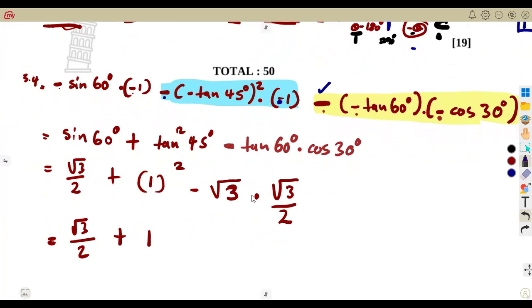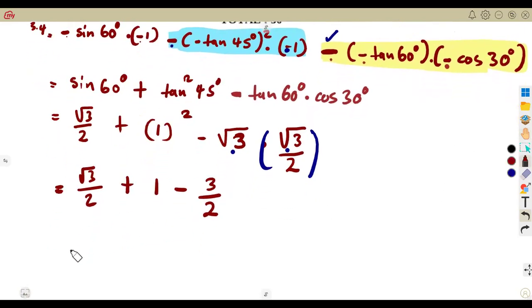Then we've got negative. Remember, this is just a product, guys. We can multiply square root of 3 times the square root of 3, which is going to give us 3. So that's -3/2. So this is -half at the end.